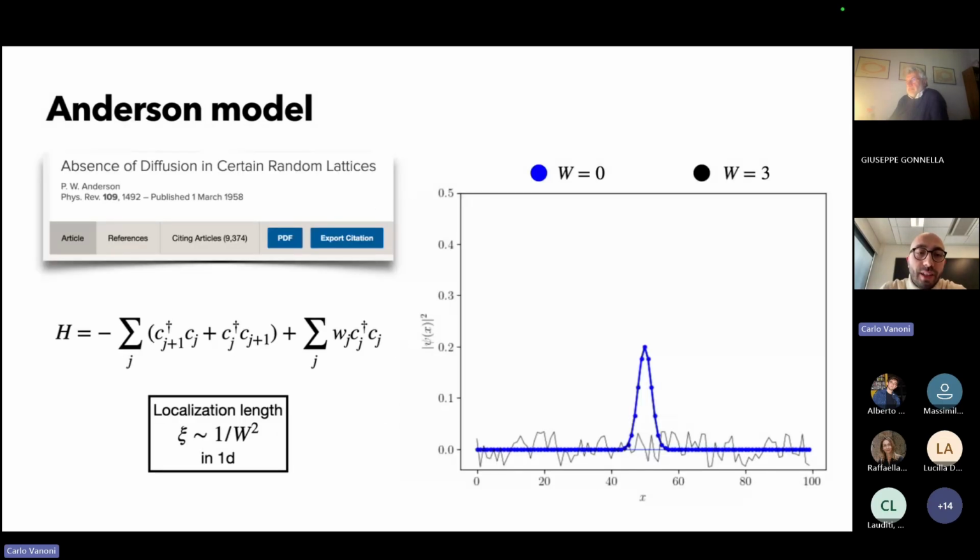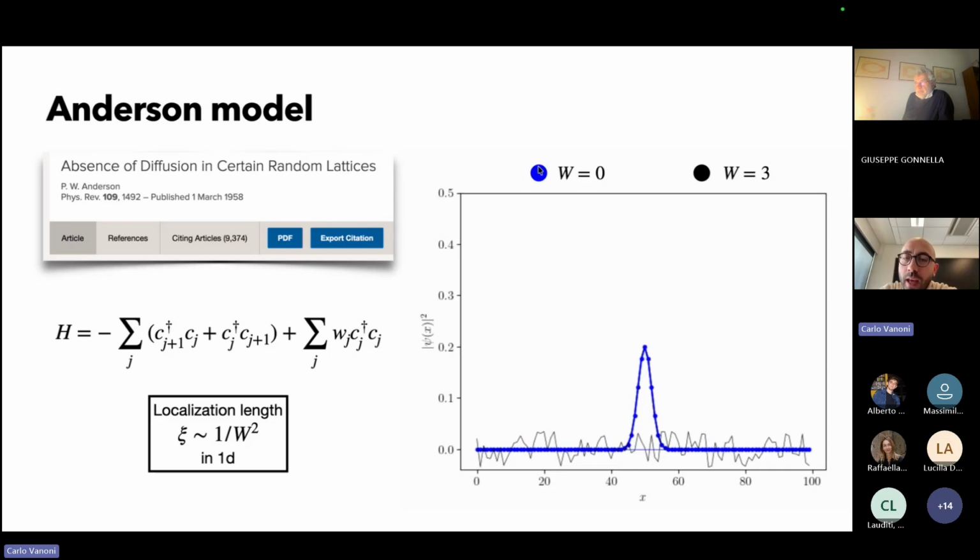The essence of Anderson localization is that if you have a disorder which is strong enough, and by disorder I mean the variance of these W_j numbers that appear in the Hamiltonian, if this variance is big enough, what happens is the following. Now I will show you a small cartoon of a wave function evolving starting from a position.